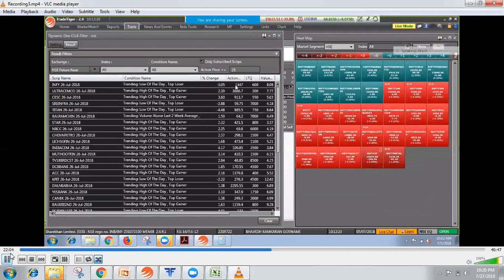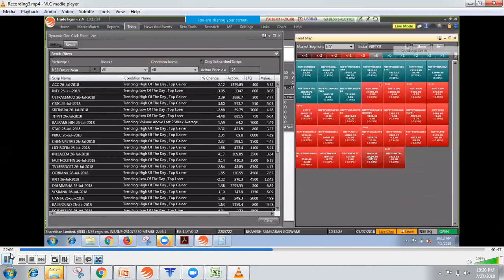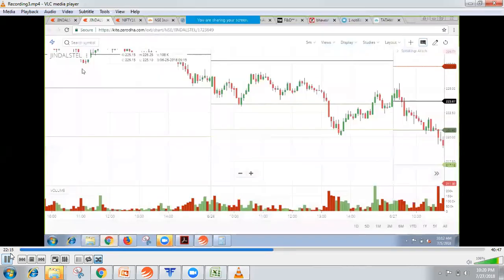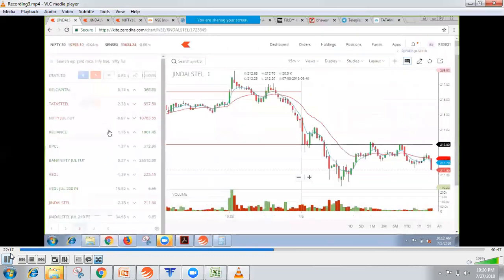So if you see Infosys, it came on the live market, and we saw on the Nifty chart that Infosys was the topmost low in the IT sector.